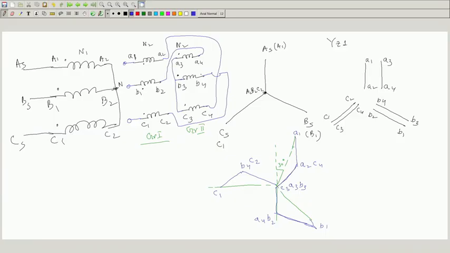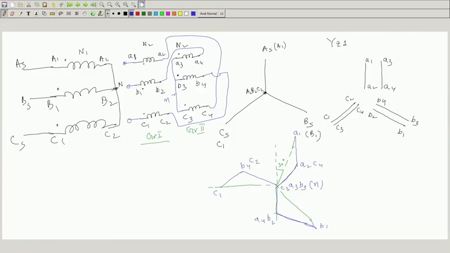Now, only one point why I have redrawn once again is that only one point I want to tell. So, it is effectively a star connection, there is a neutral point, solid neutral point A3, B3, C3, and there are 3 lines. Only thing is between the neutral, secondary neutral, that is N, to one of the lines, if you start your journey from neutral, you will come across 2 coils belonging to 2 different phases, that is A phase and B phase in this case.